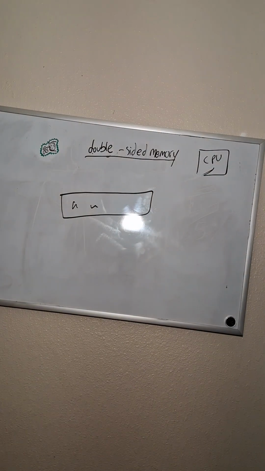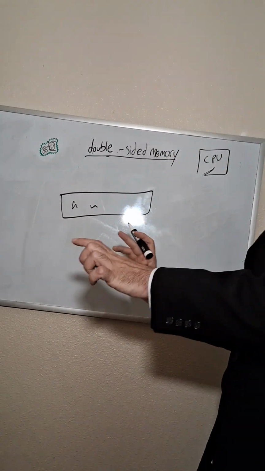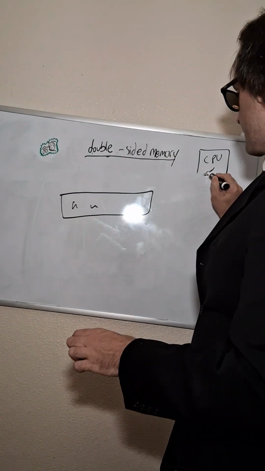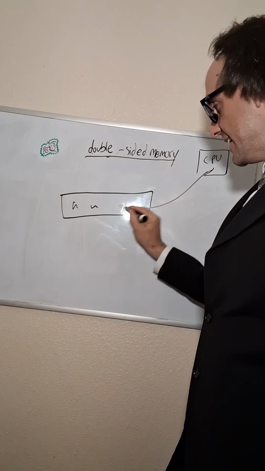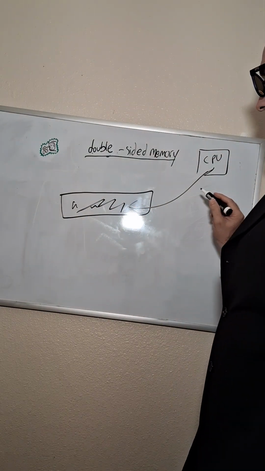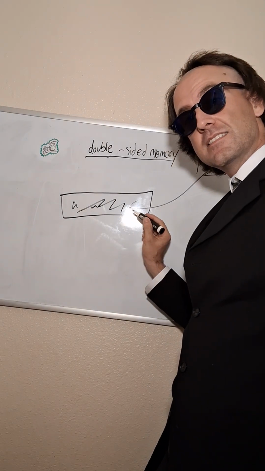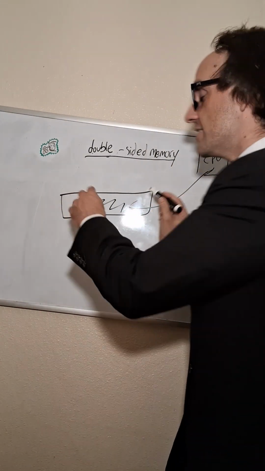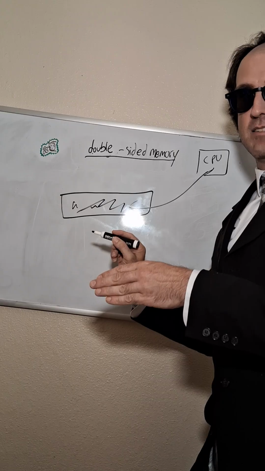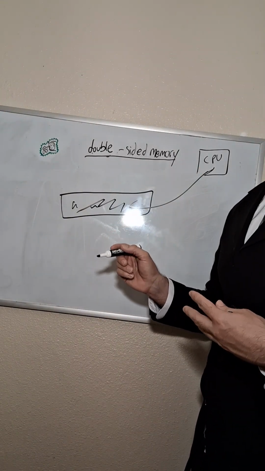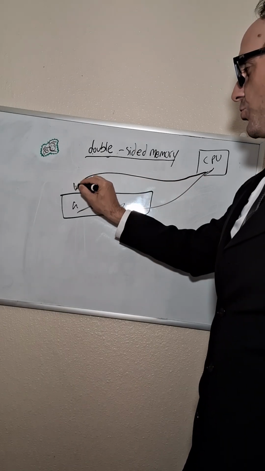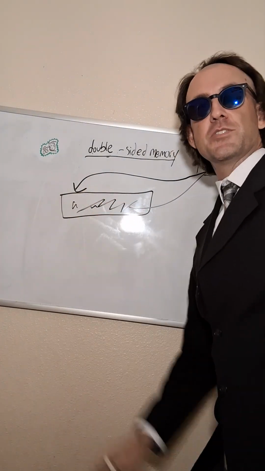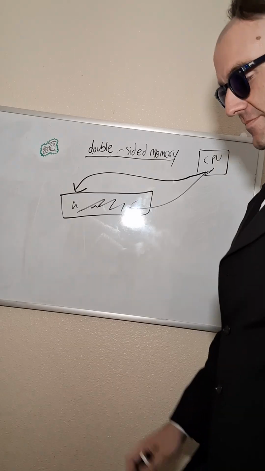Now when the processor tries to access it, it gets this side, but it can only access this side. You have to wait until you're done with this side before you can go to the next side. So after it's done with this side, it goes to the next side and takes the other side. So there you go. Single-sided, double-sided memory.